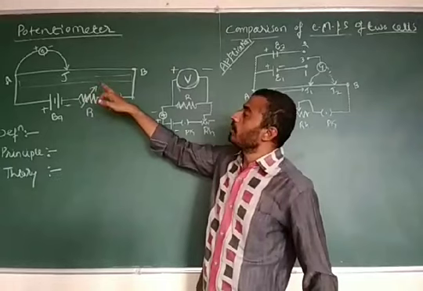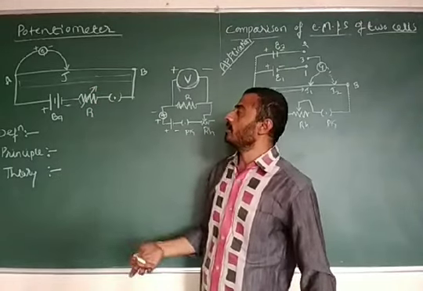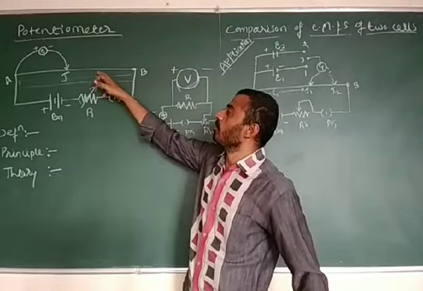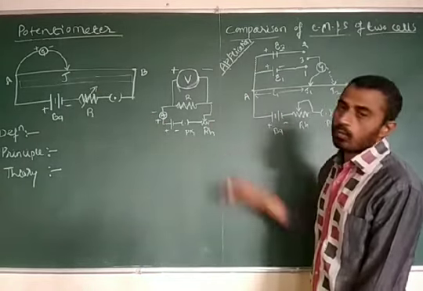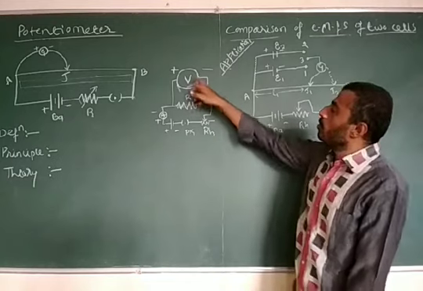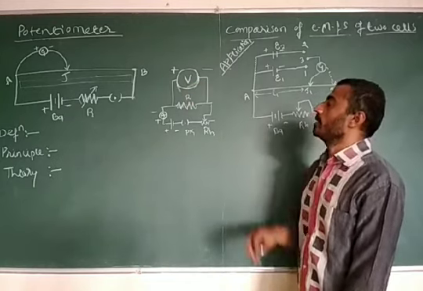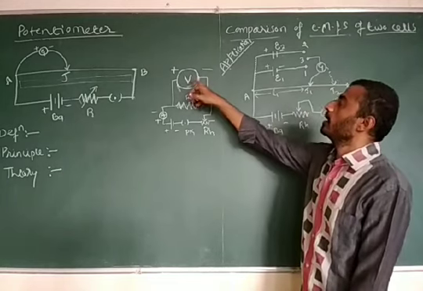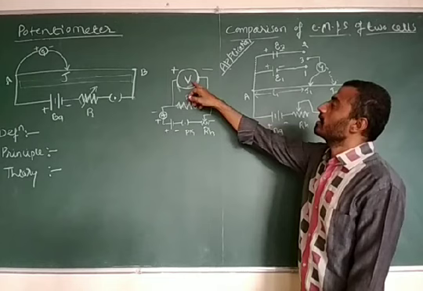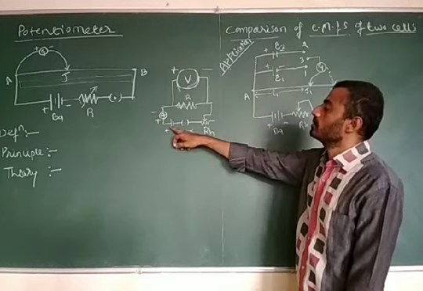It means that to operate it, no external current is required. That is the advantage of the potentiometer over the voltmeter. Whereas to make the voltmeter operate and show the potential difference or EMF, it consumes some current from the source.